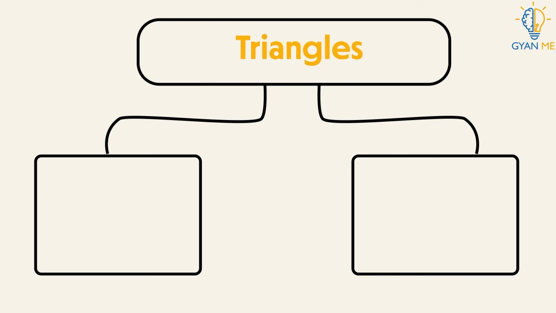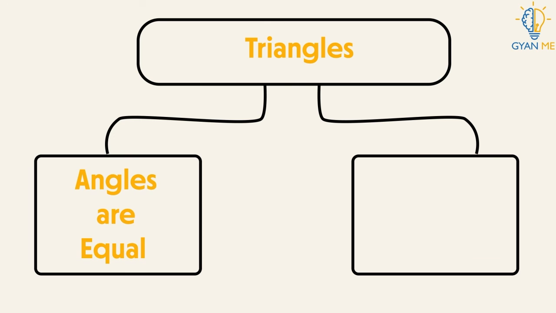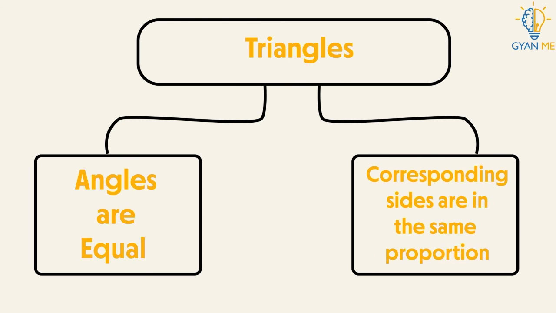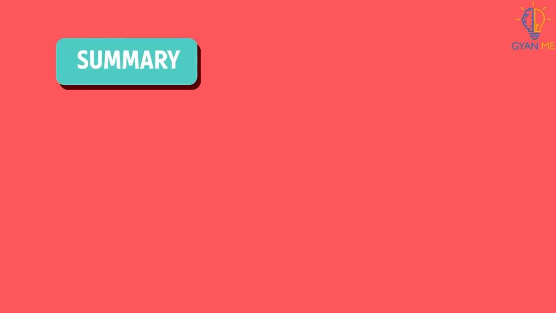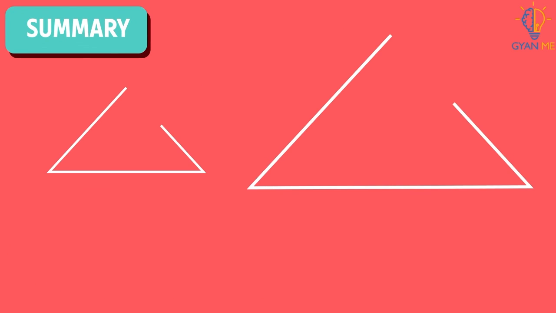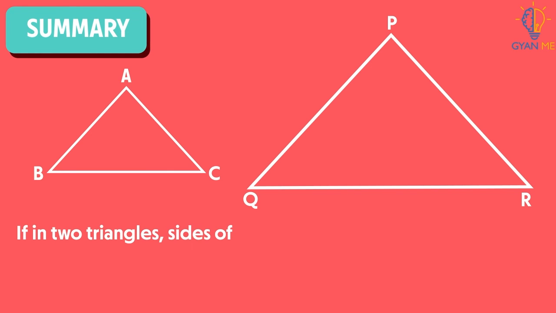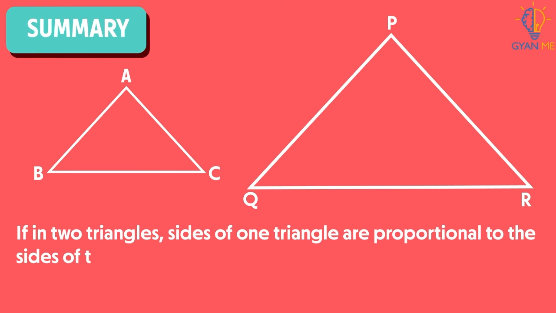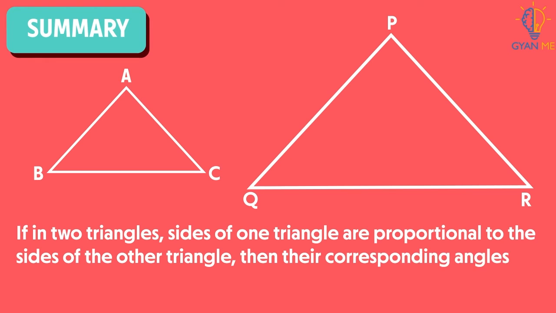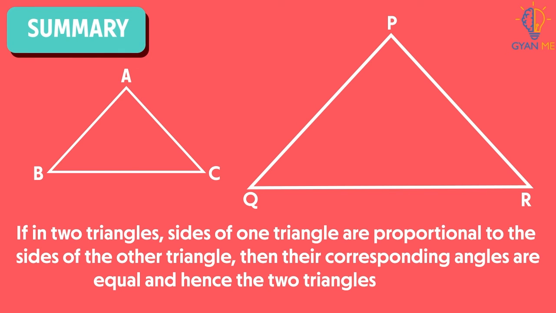But in case of triangles, we can check only one condition, as if one condition is true, the other condition gets true automatically. So students, what we have learnt in this video is that if for two triangles, their corresponding sides are proportional, their corresponding angles will be equal, and hence both the triangles will become similar.